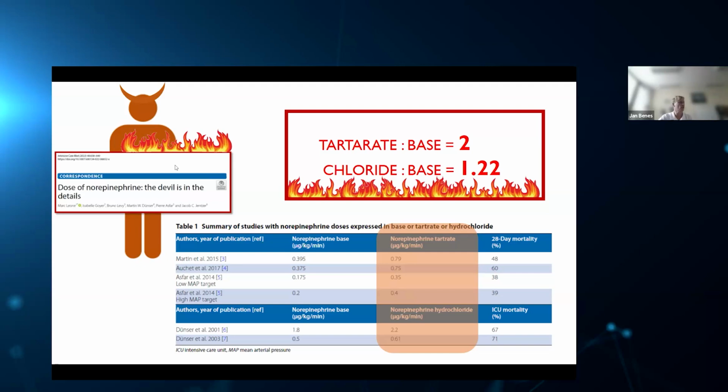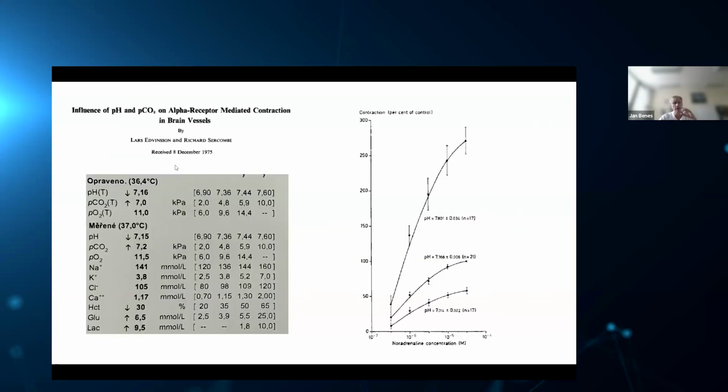So that's an important issue. Another important issue, if your norepinephrine is not working, is to look into the pH. So what's the acid-base state of your patient? Because important is that adrenergic receptors are pH reliable. So they respond to the pH.